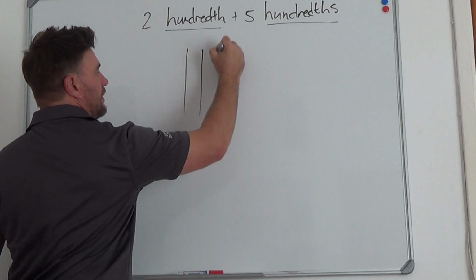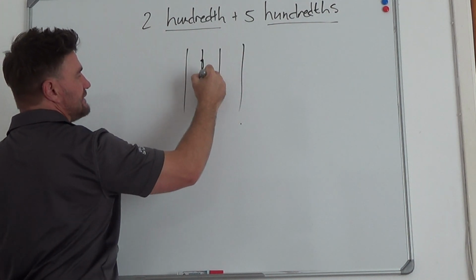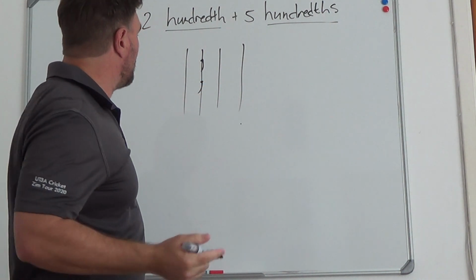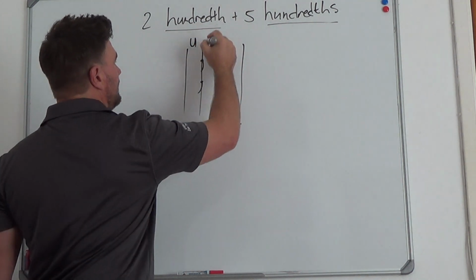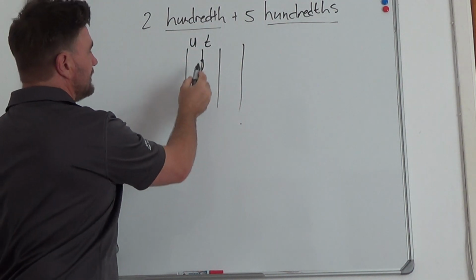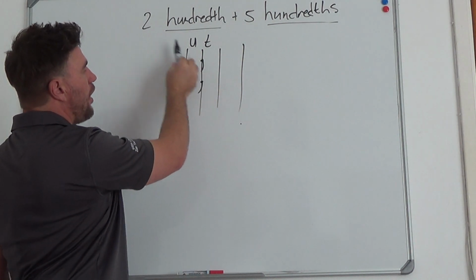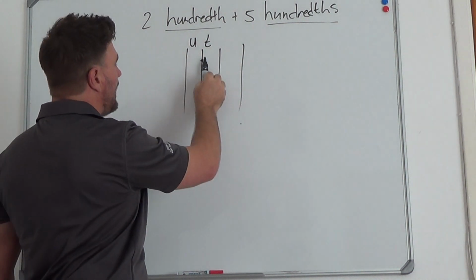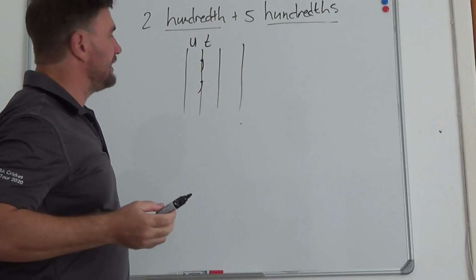So if I've got my columns, let's say I put my decimal points in there. Now we must remember that our decimal point or our comma must always go between the units and the tenths. The decimal point or the comma indicates where our whole numbers are, so anything this side of the decimal is a whole number, and anything that side of the comma is a fraction.